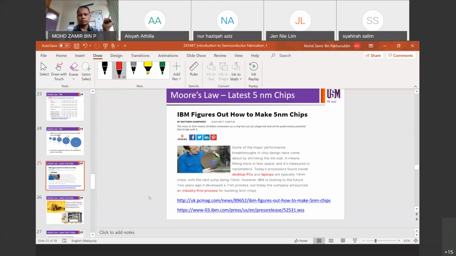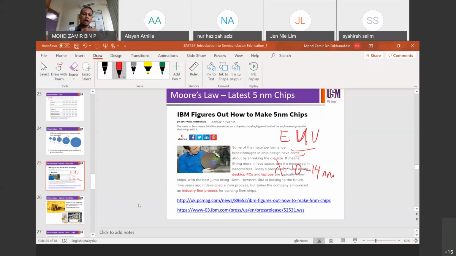All right, back in 2017, IBM figured out how to make 5 nanometer chips. This is usually realized by the EUV process, extreme UV process. We're going to learn what this is later on. The wavelength is 10 to 14 nanometer, right?